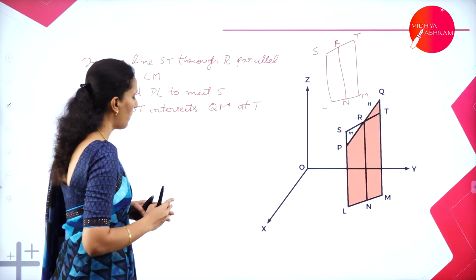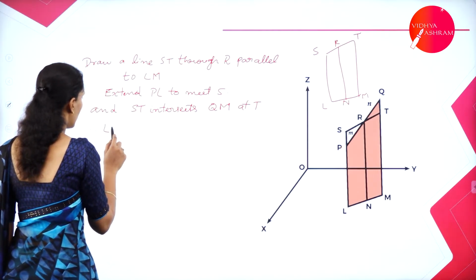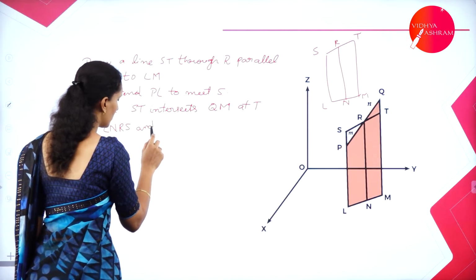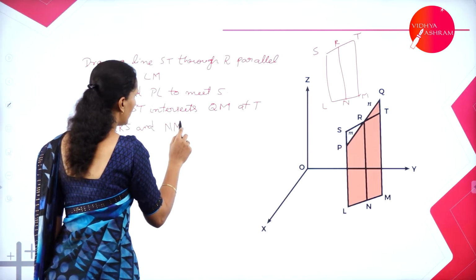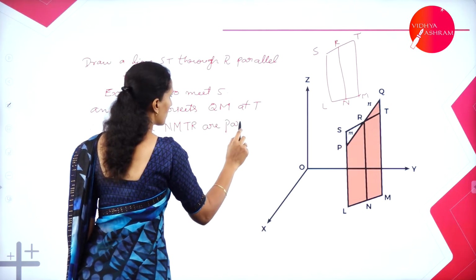Therefore, LNRS and NMTR are parallelograms.